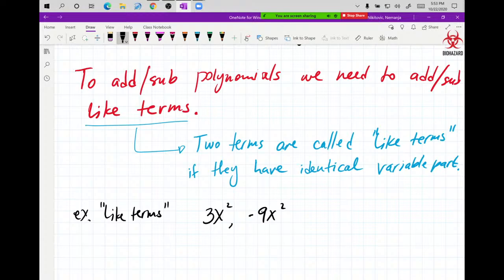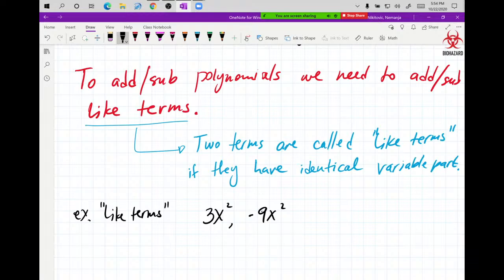So now, because they are like, you can add them and get negative 6x squared, or subtract them and get positive 12x squared. We'll deal with that later. Now we're just focusing on like terms. So in order to add, you have to have like terms, and a like term only cares about the variable part of your problem being exactly the same.